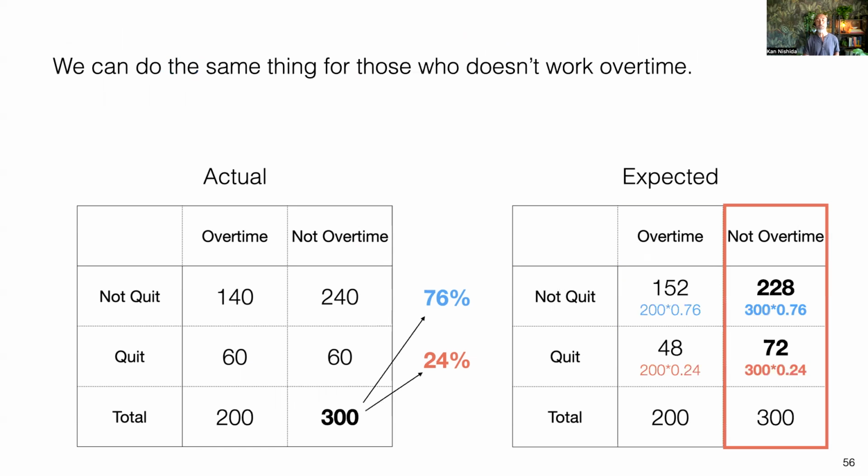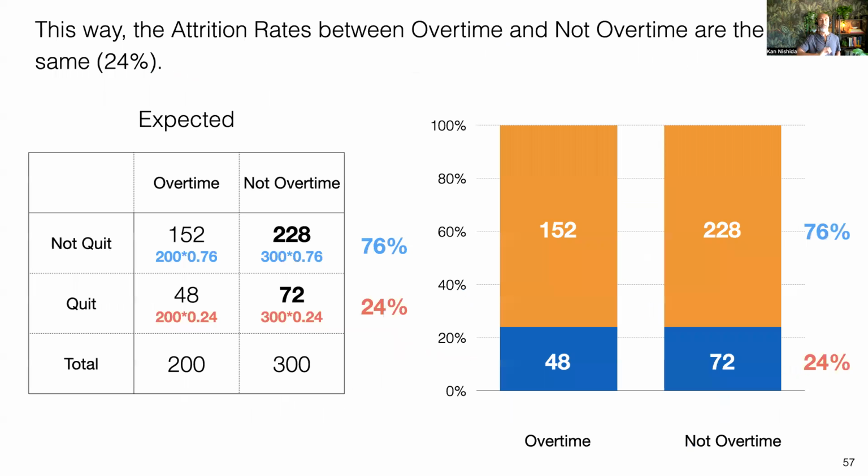We can do the same calculation, applying this 76% and 24% ratio against the total number of not overtime, which is 300 people. Then we get 228 and 72 respectively. What does this mean? Look at the right-hand side chart. This is a 100% bar chart. The left-hand bar is overtime and the right-hand bar is not overtime.